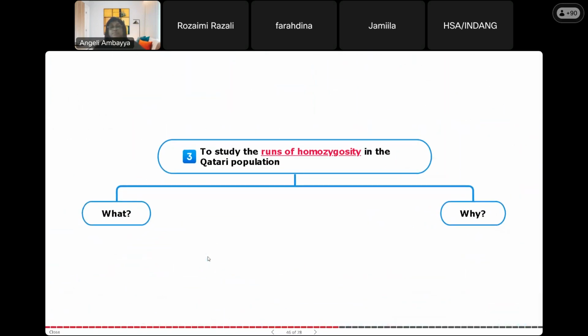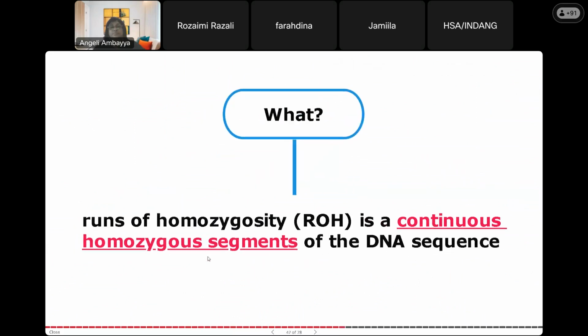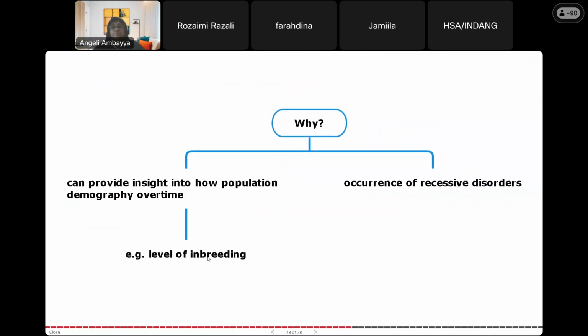Now, let's look at the third objective, which is to study the run of homozygosity in the Qatari population. So what is a run of homozygosity? A run of homozygosity is a continuous homozygous segment in our DNA. Why is it important to look at ROH?